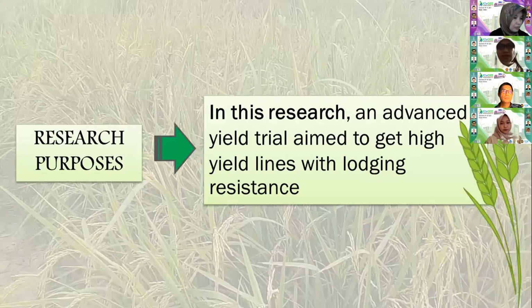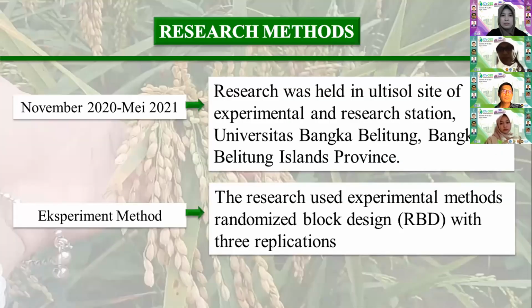Research purpose. In this research, an advanced yield trial aims to get high yield lines with lodging resistance. Research method. Time of the research was November 2020 until May 2021. Research was held at the experimental and research station, Universitas Bangka Belitung, Island Province.